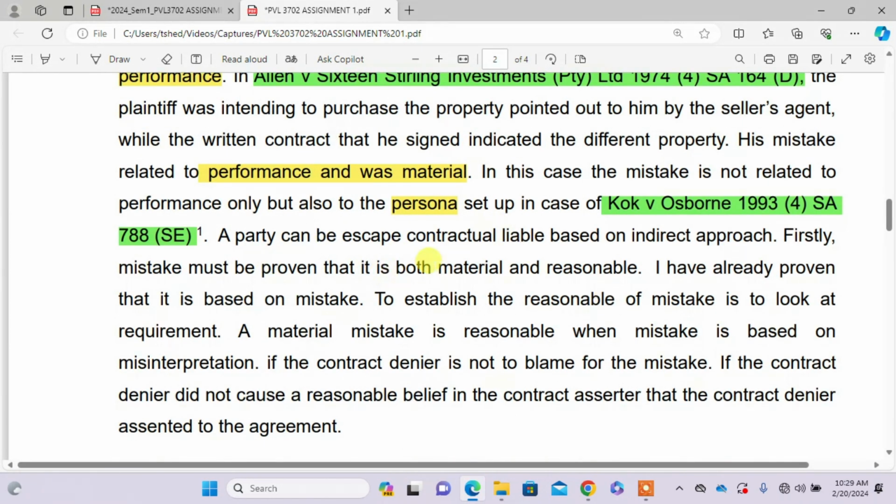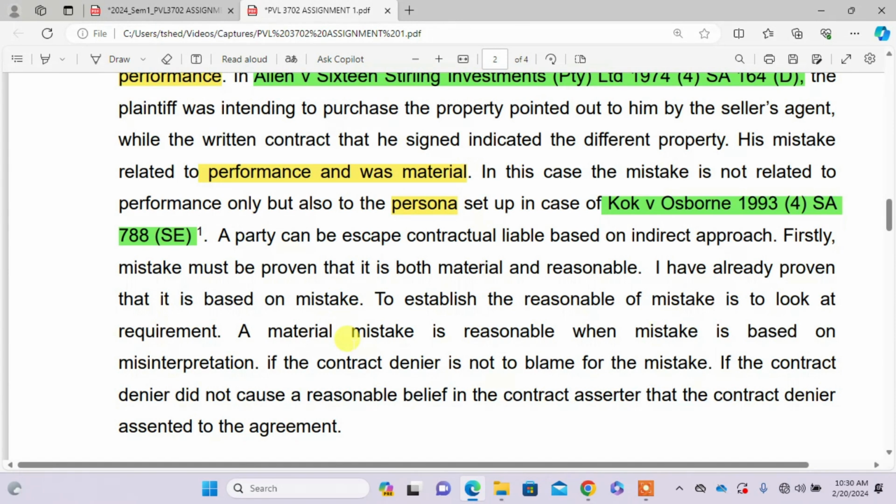A party can escape contractual liability based on the indirect approach. It's another thing that I indicated to you as a solution. Firstly, the mistake must be proven to be both material and reasonable. I have already proven that it is based on mistake. To establish the reasonableness of the mistake is to look at the requirement.